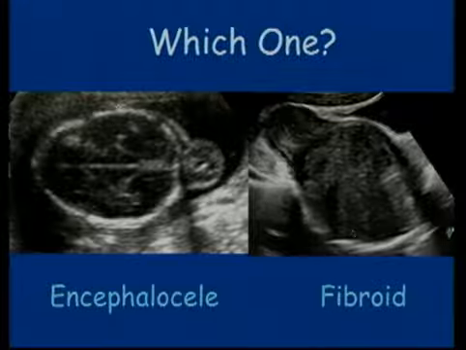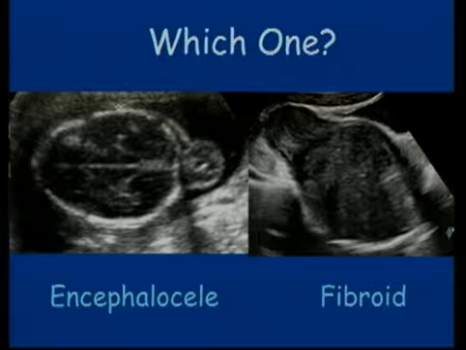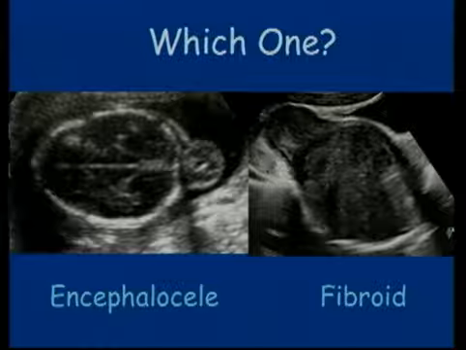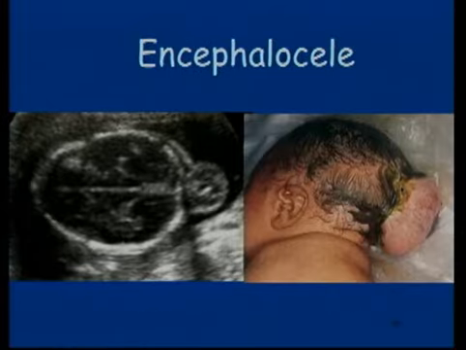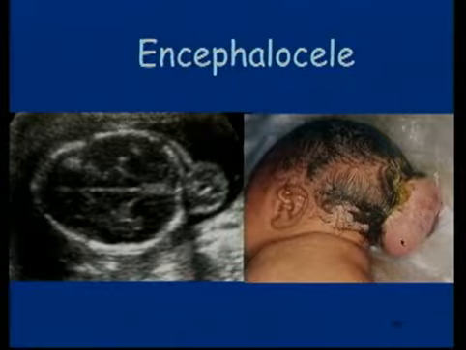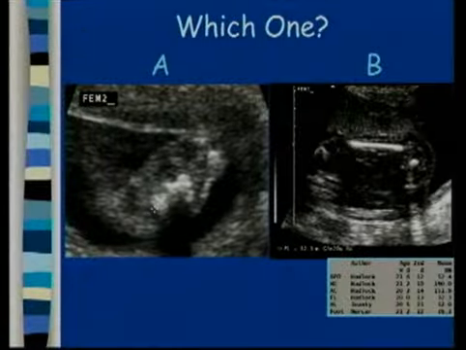And then the one on the right is the uterus right here and the bladder with a big, huge fibroid in the LUS. So you would rather have a fibroid. This is the encephalocele on this baby. You can see that it is occipital.